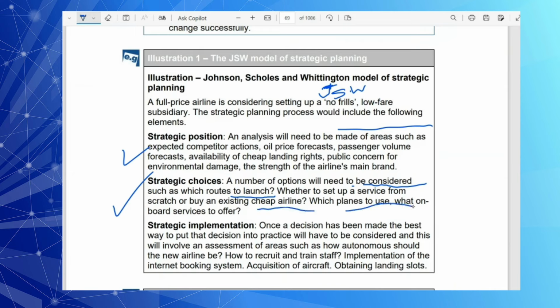Strategic implementation. Once the decision is made, the best way to put the decision into practice will have to be considered, and this will involve an assessment of areas such as how autonomous the new airline should be, whether to recruit and train staff, implementation of the internet booking system, acquisition of aircraft, obtaining landing slots.